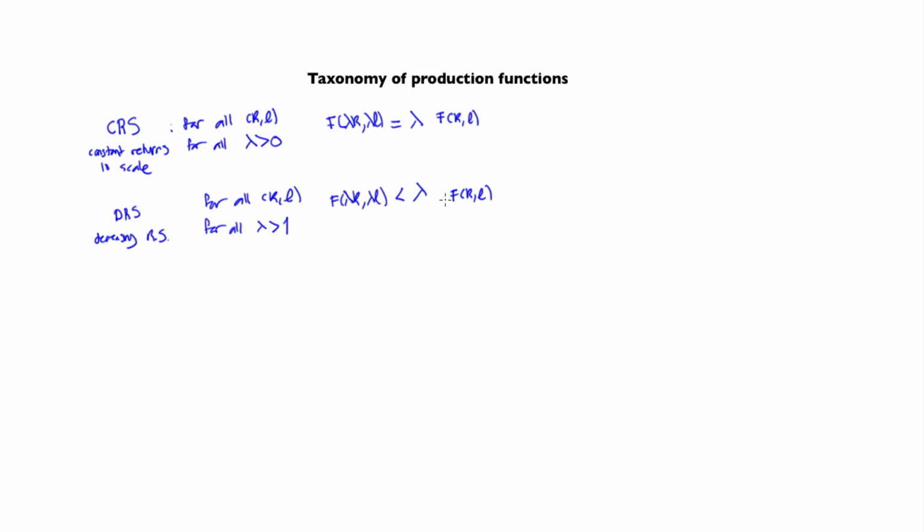In other words, intuitively, the output scales less than linearly with the inputs of production. And the final type, and you will see immediately the analogy, are increasing returns to scale.